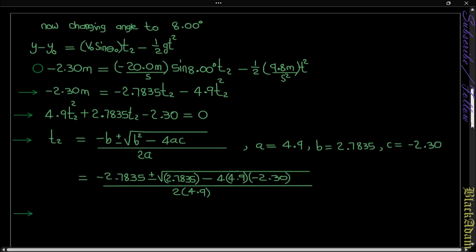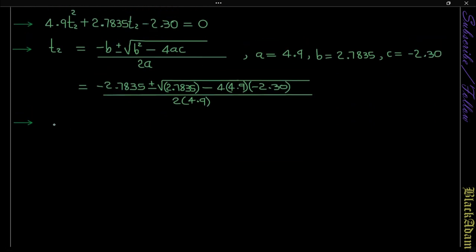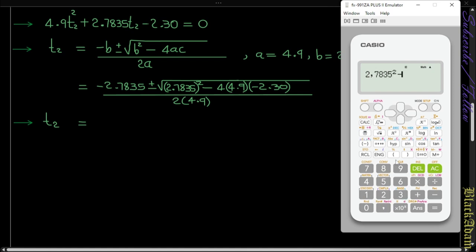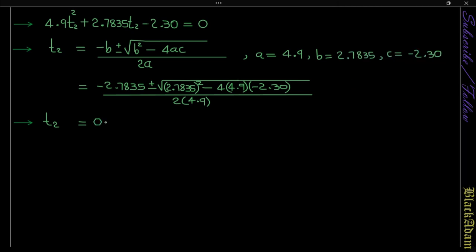So t2 is going to be, that one there is positive, and then that has to be squared, 2.7835 squared minus 4 times 4.9 times negative 2.30 gives us the root, minus 2.7835, divided by 9.8, gives us 0.4576.